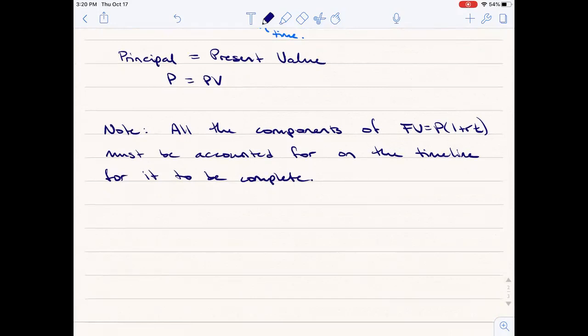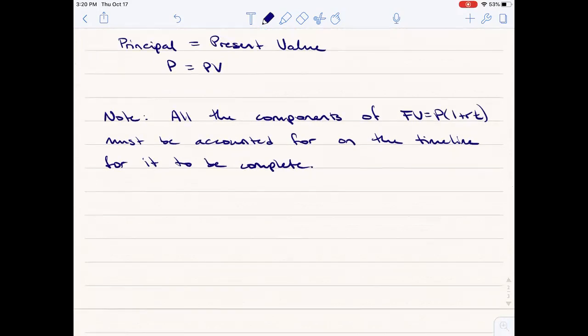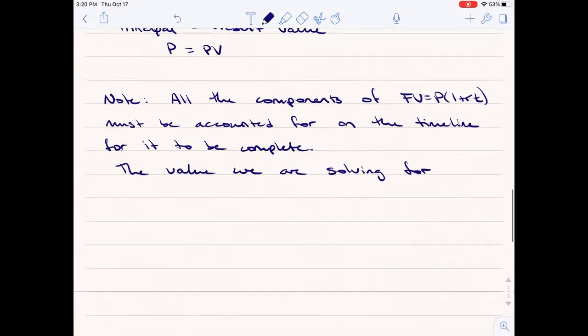The only one that we're going to leave as unknown, right, is the one that we're solving for. The value we are solving for can be left as a variable.